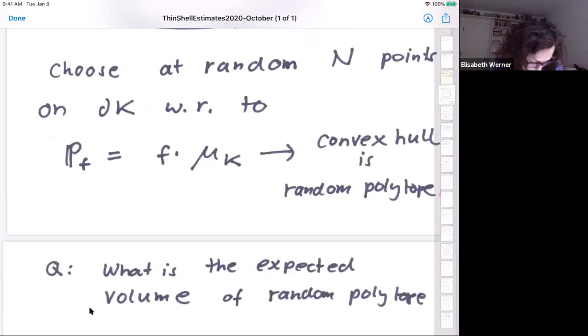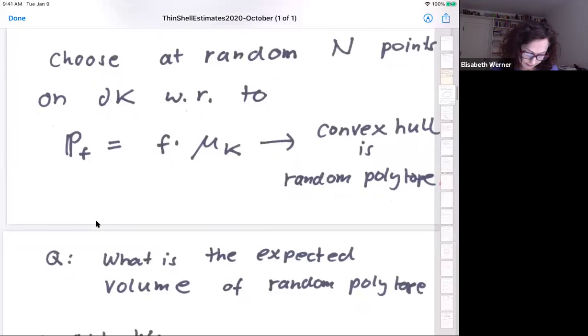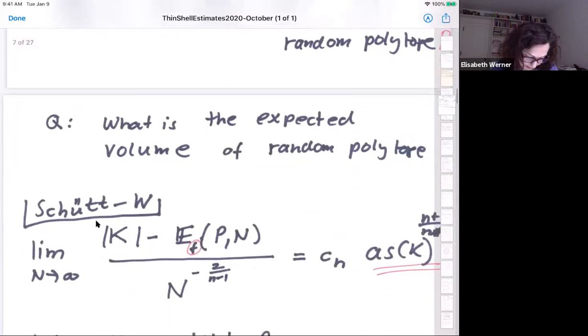So we'll look at this question, and actually we'll look at an equivalent formulation of the question, which is, okay, what is the volume defect between the volume of the body and the expected volume of such a random polytope? And that is as follows.